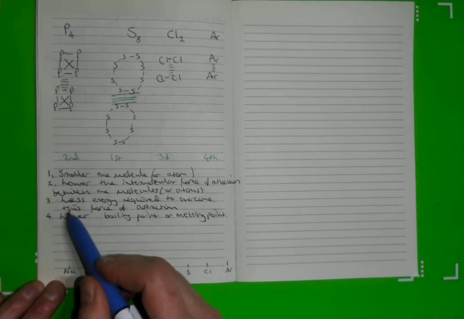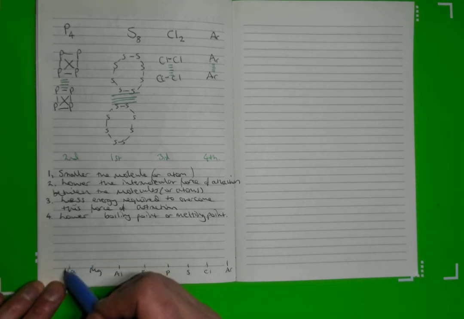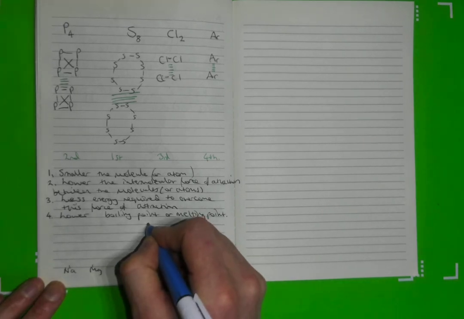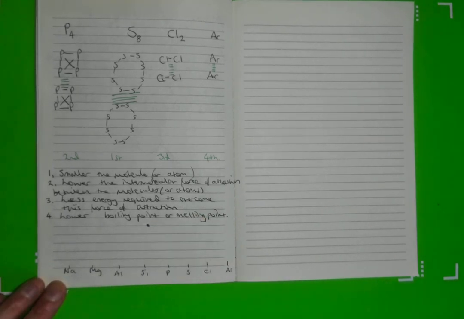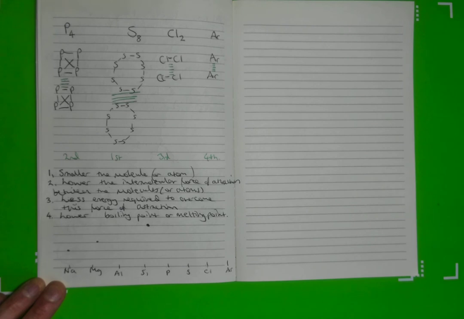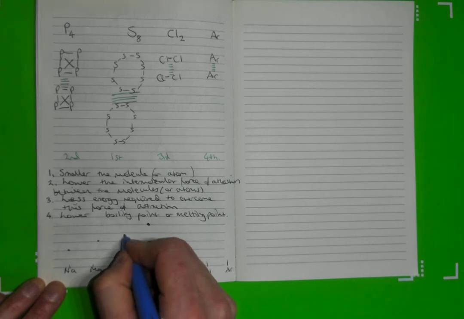And up the side here, we're going to have the temperature in the melting point. So the highest, of course, is silicon. So let's put silicon up here. That's the highest. Then we've got sodium, magnesium a bit higher than sodium, aluminium higher still.